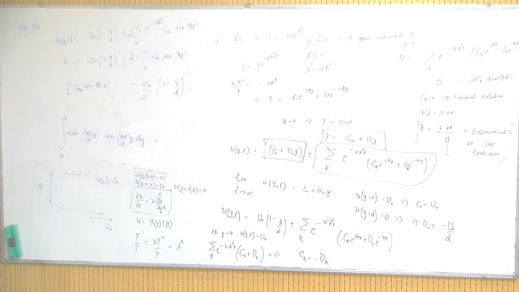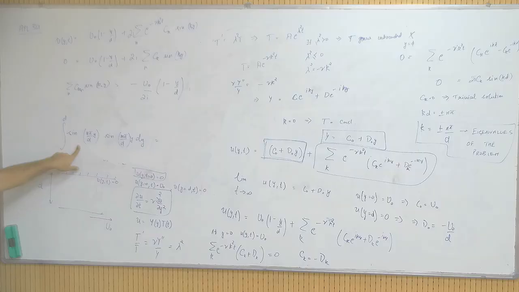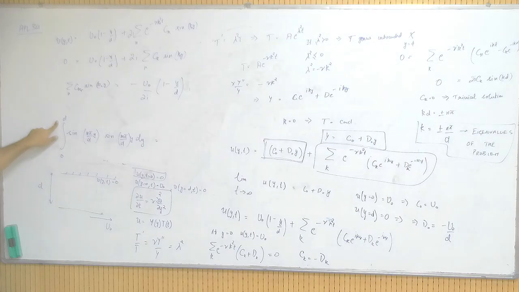When m is not equal to n, so these two are different, then you can write it as cos of (n plus m) pi y by d minus cos of (n minus m) pi y by d, and then when you integrate this, for this value cos will give you what?